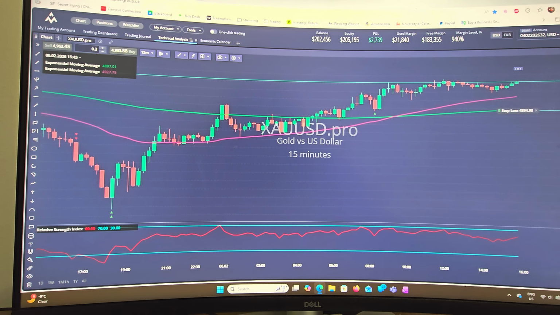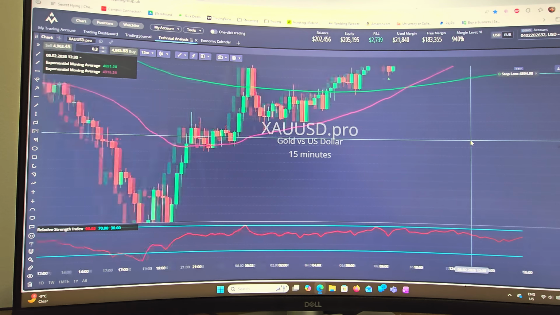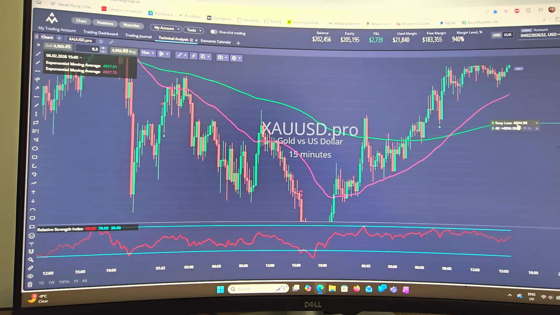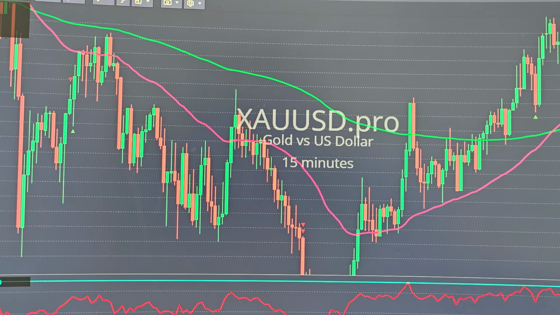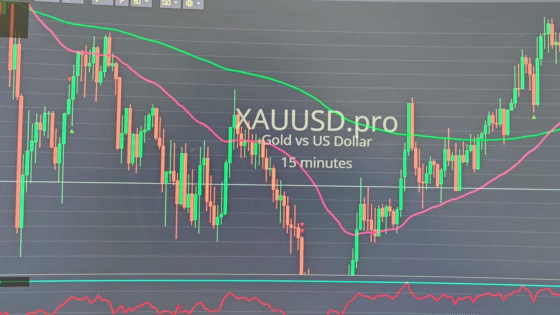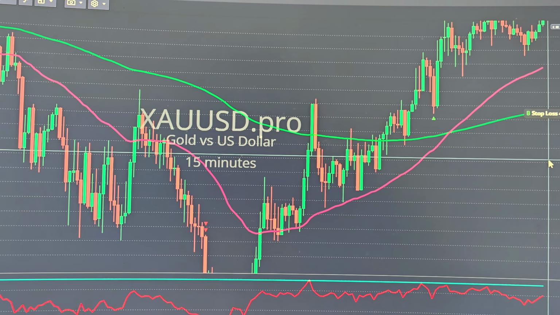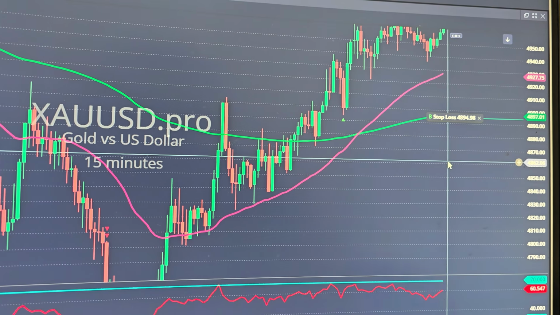There we go. There's our stop loss. I think we updated our stop loss, but let's zoom in a little on this one. There we go, and bring it up.